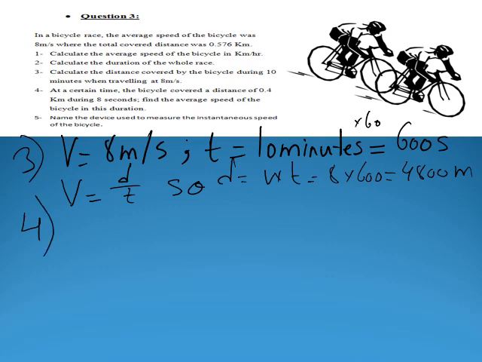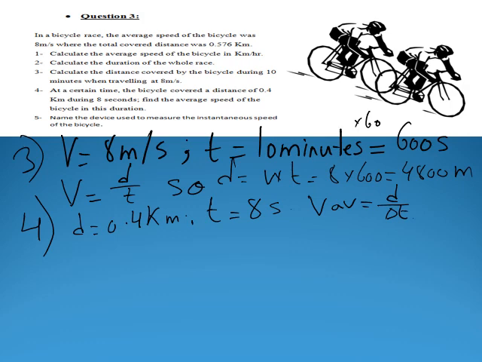Part 4. At a certain time, the bicycle covered a distance of 0.4 kilometer during 8 seconds. So distance is equal to 0.4 kilometer. Time is equal to 8 seconds. Find the average speed. So V average is equal to D over delta T. We have D, we have delta T, but we have to convert the units.